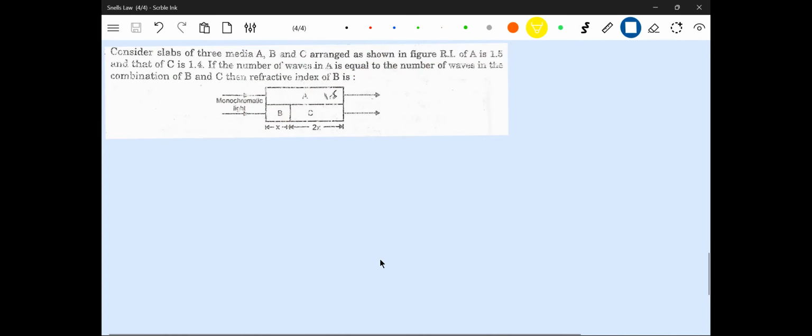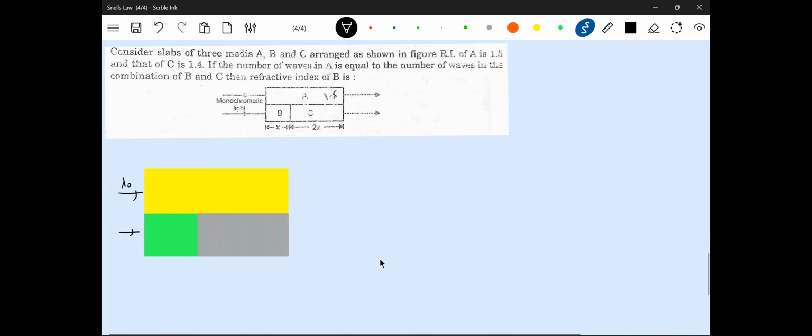Again, we'll go for a similar construction. Now let lambda naught be the wavelength of light. Here the same thing, the waves, let's assume in this way. Now what is one wavelength?